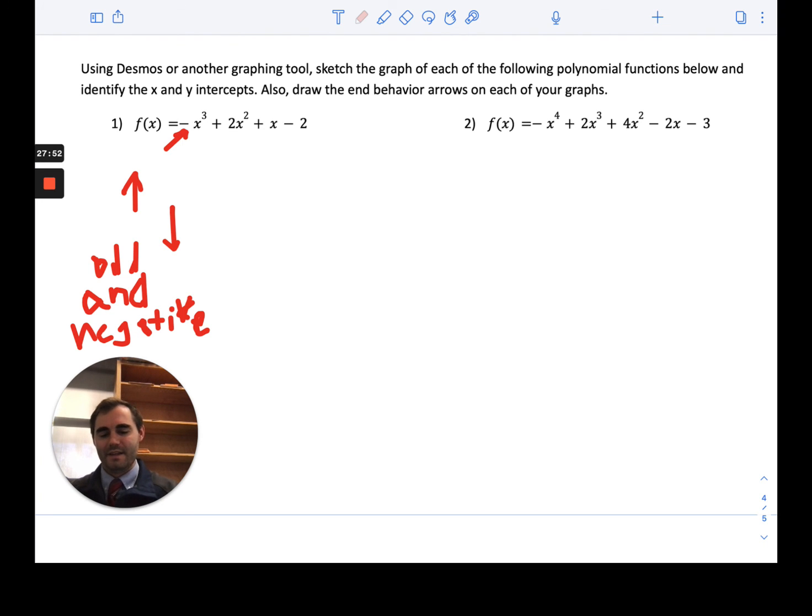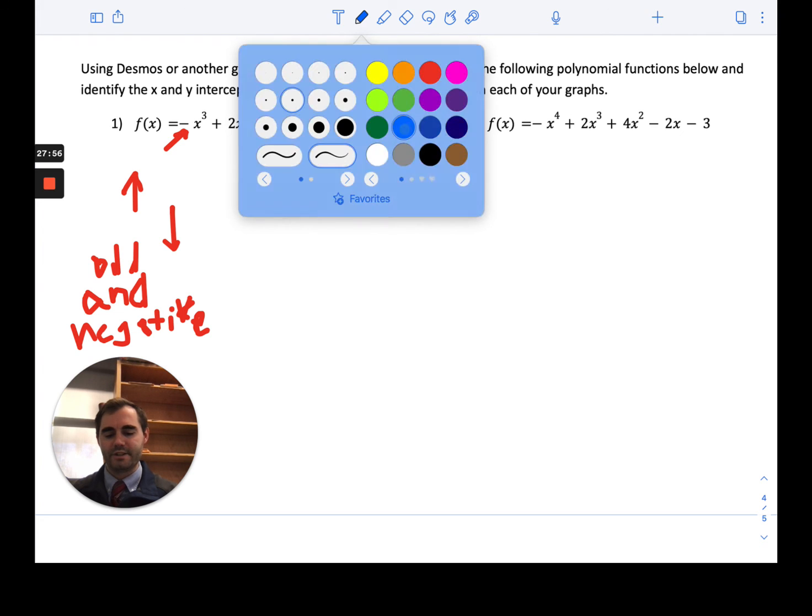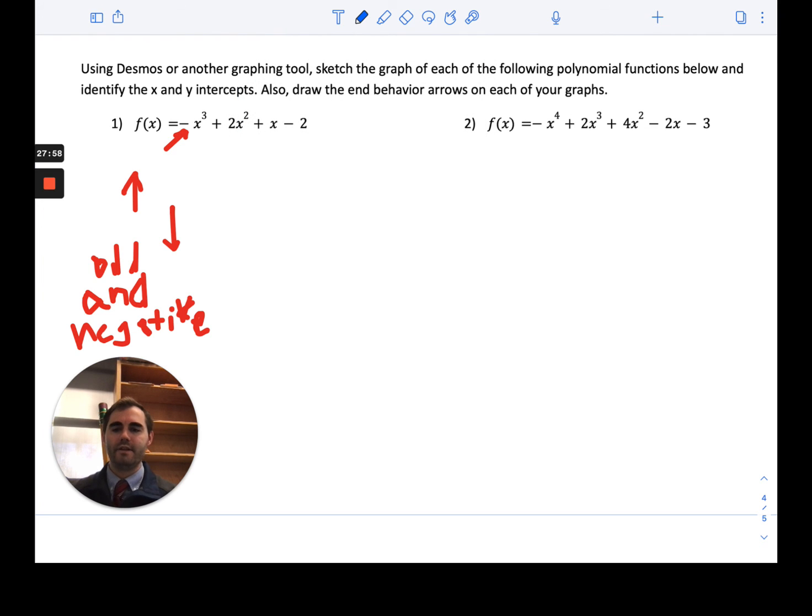Okay. And then the next thing they want us to do is find the x and y intercepts. The x-intercepts you can find, as we saw up above, by graphing on Desmos or some other tool, and identifying the places where it crosses the x-axis. Then you would also want to find the y-intercept.